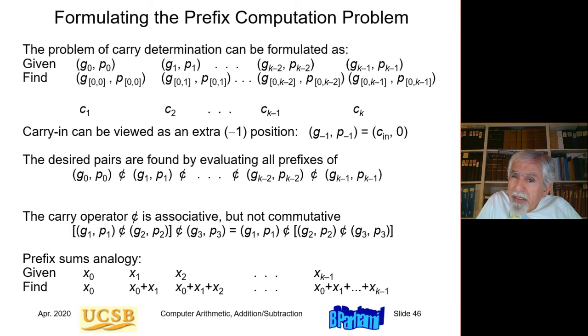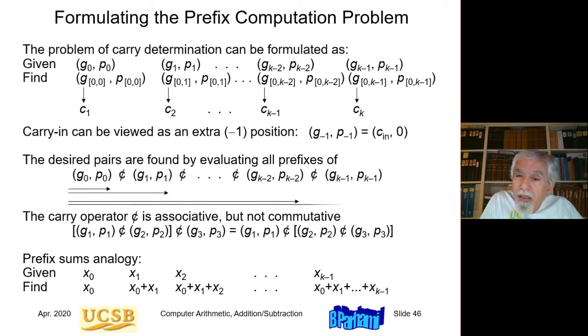Okay, so these desired pairs that I see up there that I want to compute, look at this expression here, G0, P0 at the middle of the slide. G0, P0, carry operator, G1, P1, carry operator, and so on until GK-2, PK-2, carry operator, GK-1, PK-1. If I compute all the prefixes of this expression, okay, these are the prefixes.